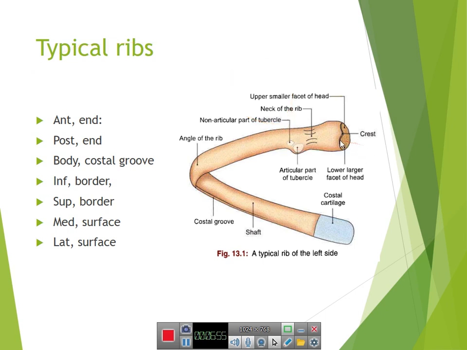Look at this picture. Here is a typical rib. We have a posterior end and the anterior end that is attached to the costal cartilage, and through the costal cartilage, to the sternum here. For side determination, there are 2 points.